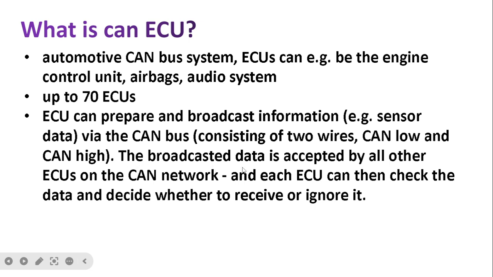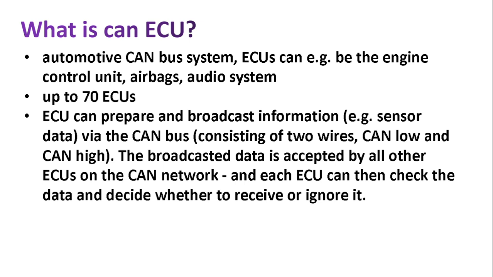The broadcasted data is accessed by all other ECUs on the CAN network. It means whatever signal is passed from the main ECU to other sub ECUs, or from a sub ECU to the main ECU, okay, this message is transferred through the ECUs on the CAN network.